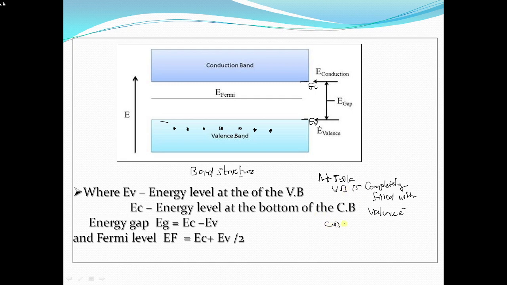Next, the conduction band is completely empty. There is no electron here.